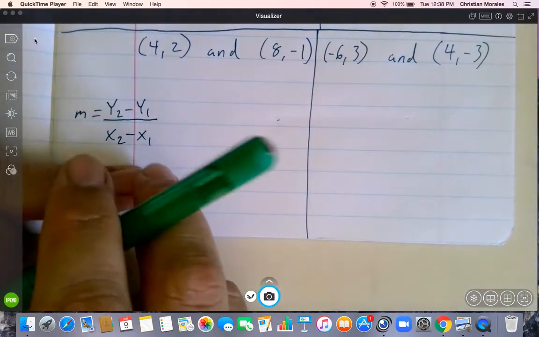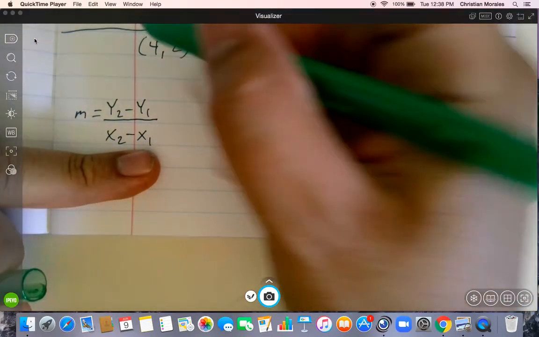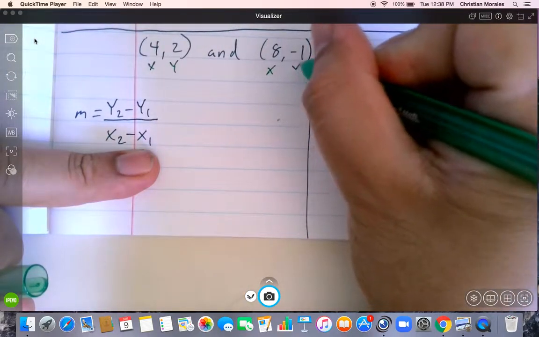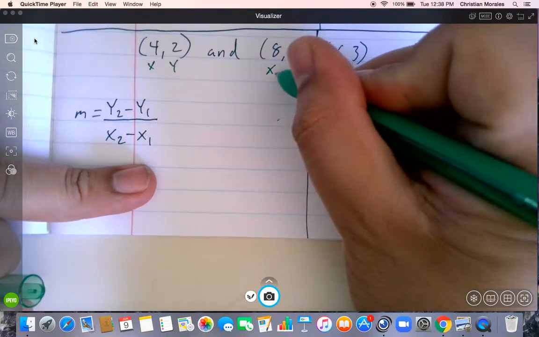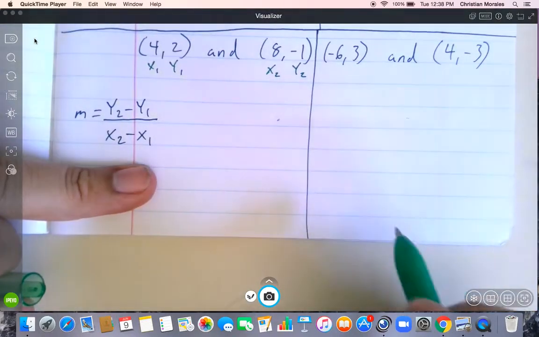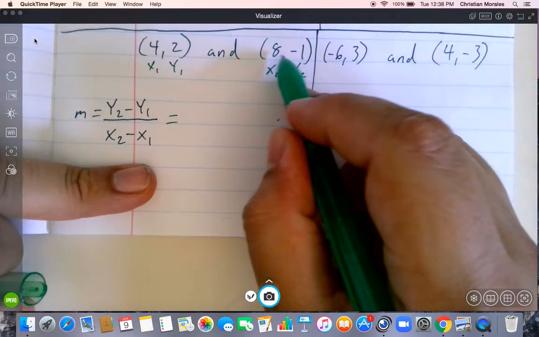So what you have to identify is in your 2 points that you're using, which one is x and y? And which one is the second one and which one is the first one? So the way I do it is the second point is x2 and y2, and the first point is x1 and y1.